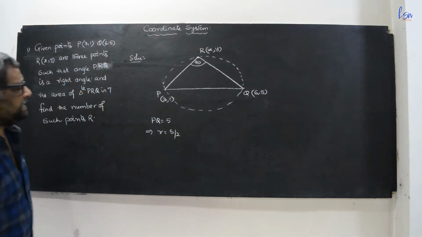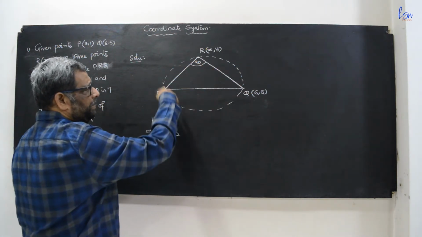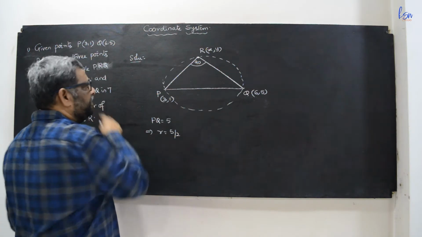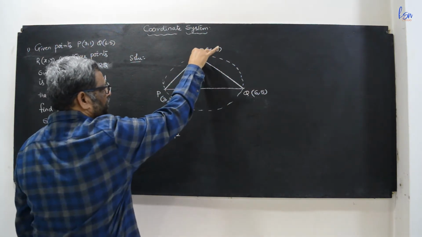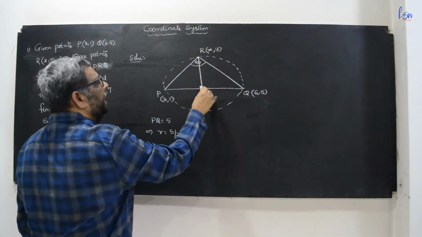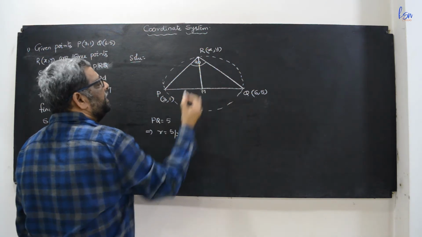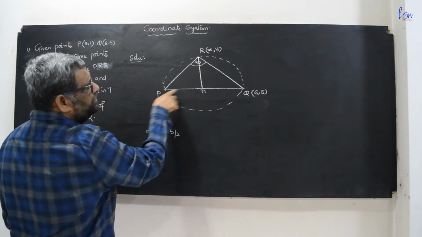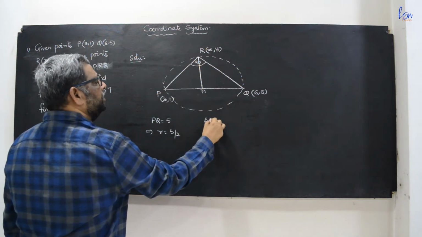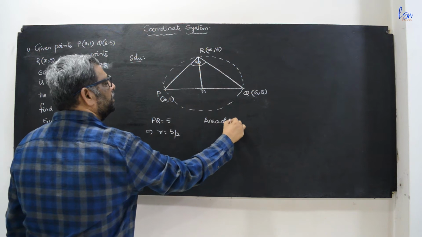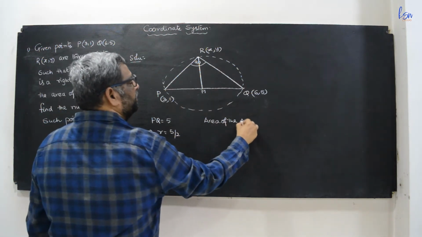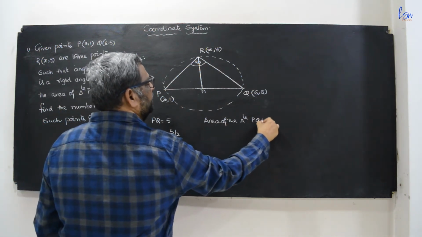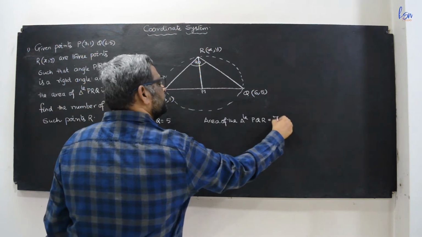It is given that the area of this triangle is 7 units. Therefore, let us draw a perpendicular here and call this M. Now the area of the triangle PQR is given to be 7 units.